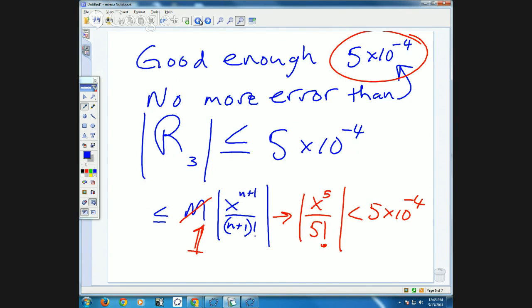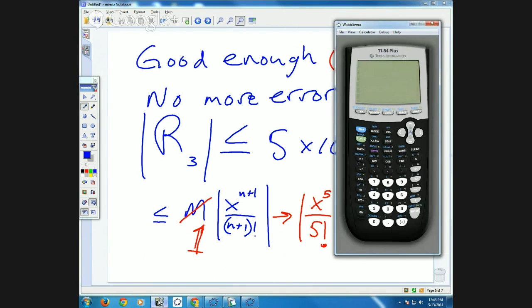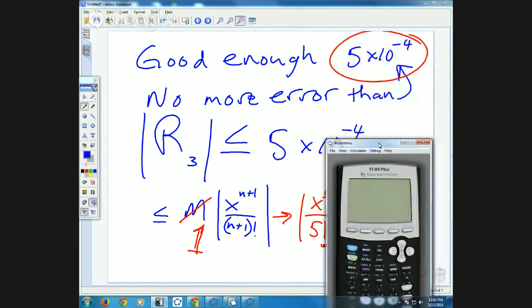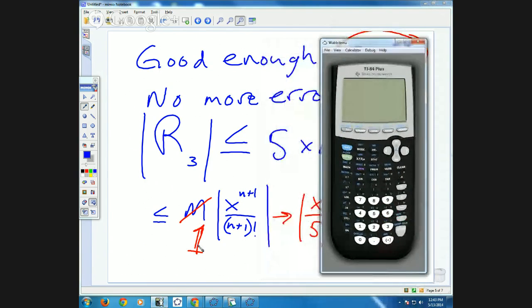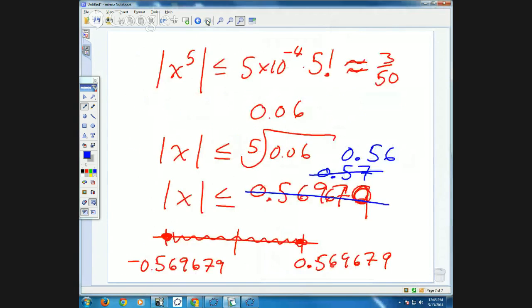So let's test it. Whip out a calculator. It's called chopping or truncating. So if you wanted 4 decimal places, you would have to call it 0.5696.